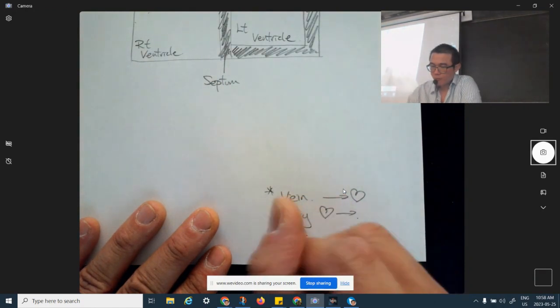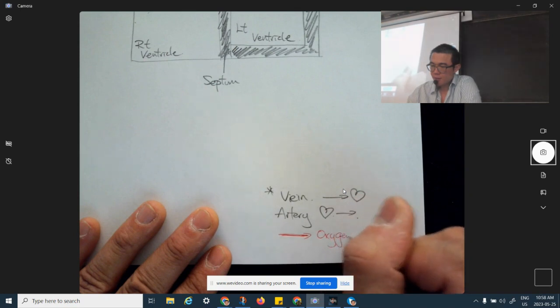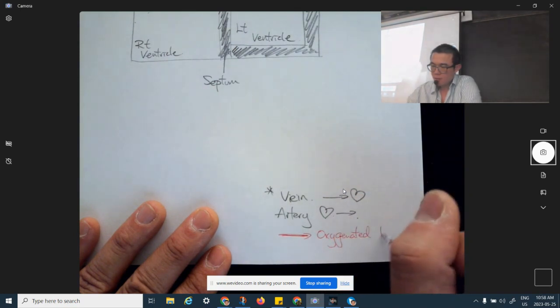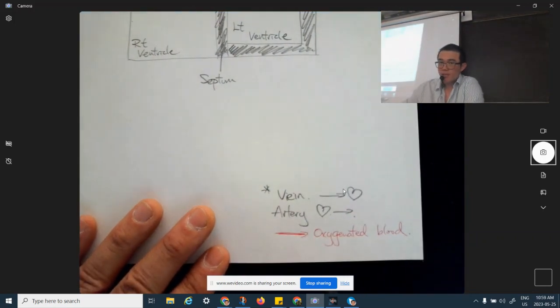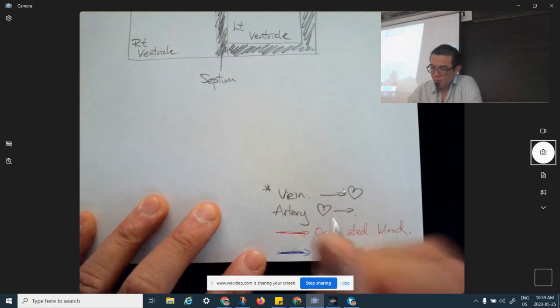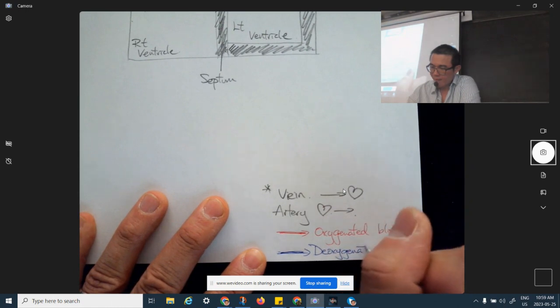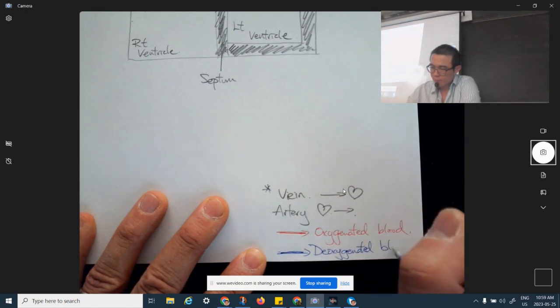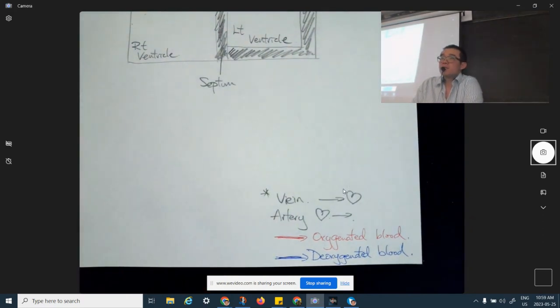I'm going to use red for oxygenated blood, so blood that has lots of oxygen in it. And I'm going to use blue for deoxygenated blood, blood that doesn't really have a lot of oxygen in it. Okay.